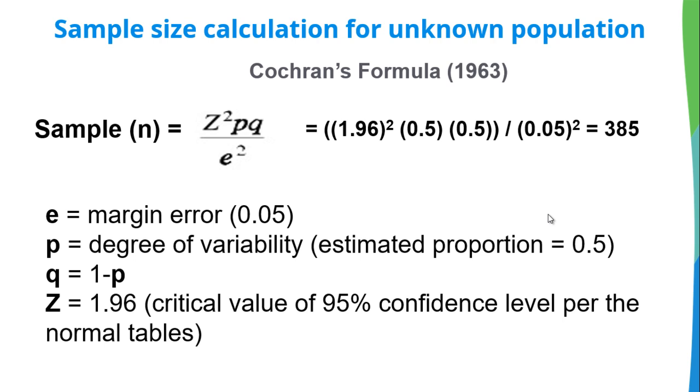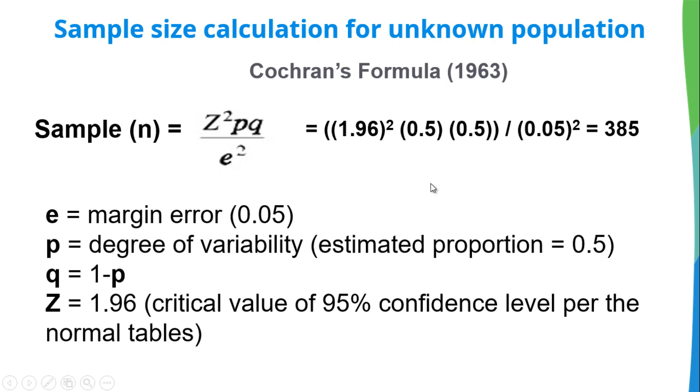So when you supply this into the formula, you have your 1.96, which is z, squared, the z we got from the normal table.